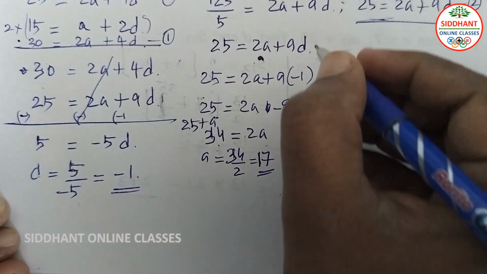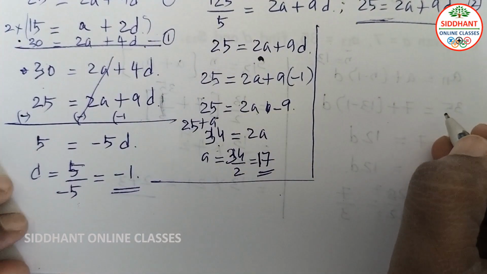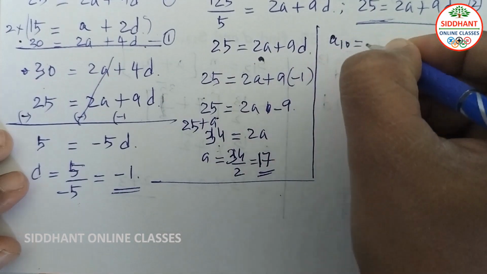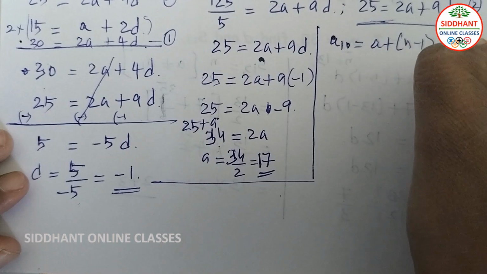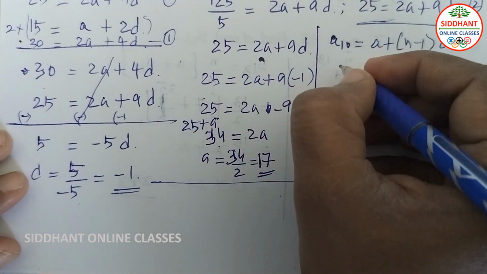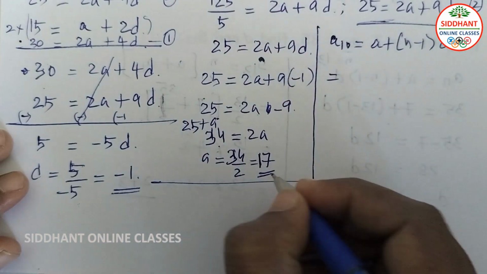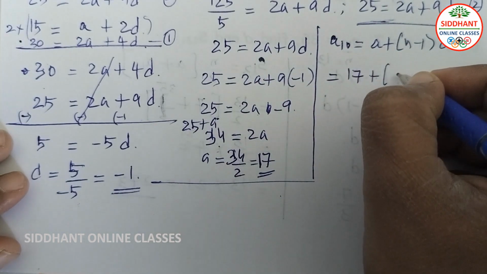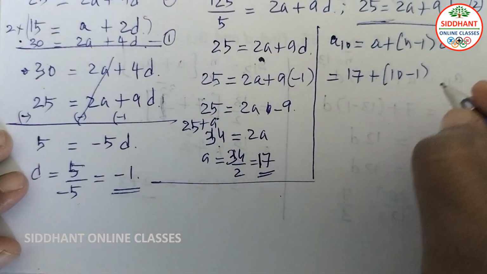Now we are going to find out a10. We know a10 equals a plus n minus 1 into d. So a10, a is the first term, that is 17, plus n is given, that is 10 minus 1, and d we found out, that is minus 1.